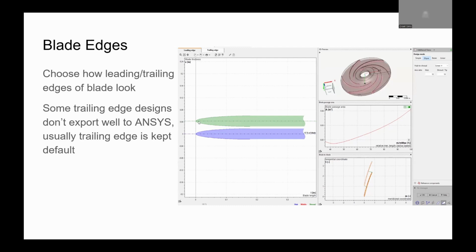So I've found these blade designs work really well. They're kind of sharp at the front and they don't cause a lot of turbulence when they hit the fluid. So I just like these shapes for blades.